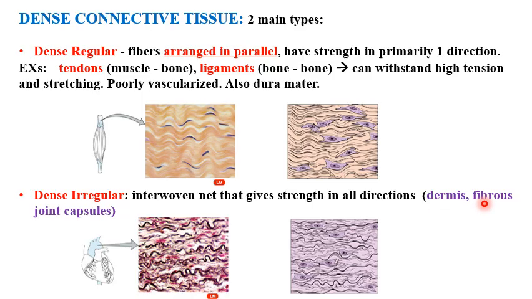You need to adhere the dermis to the connective tissue, so you're going to need to have a layer of this dense irregular connective tissue. And also when you look at joint capsules, you can imagine if you put a lot of pressure in the big joints, especially synovial joints, you're going to have this dense irregular tissue because you have to absorb this pressure from all directions and distribute the pressure to all directions.